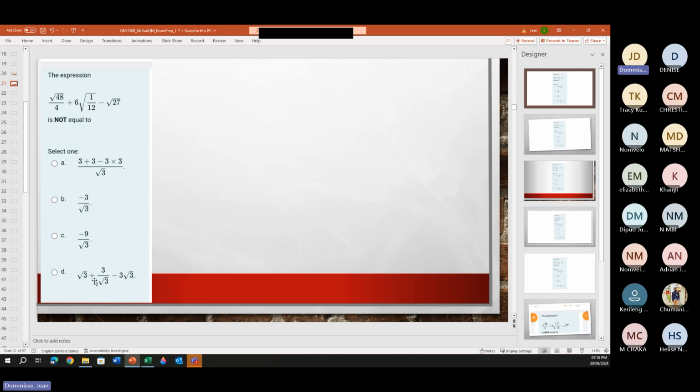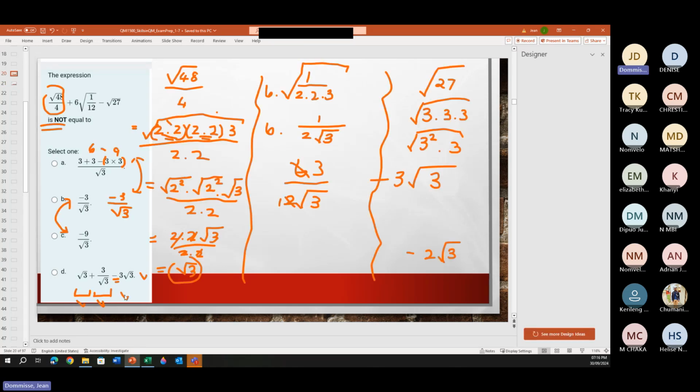So this one, we now just need to see if we add this together, if we also get minus 3 over the power of 3. So that's basically what we need to work out.